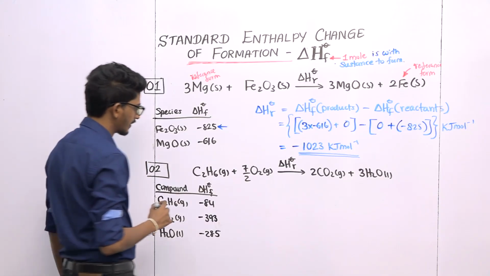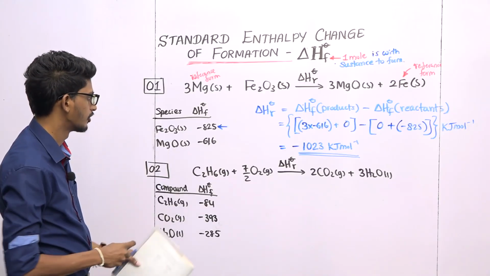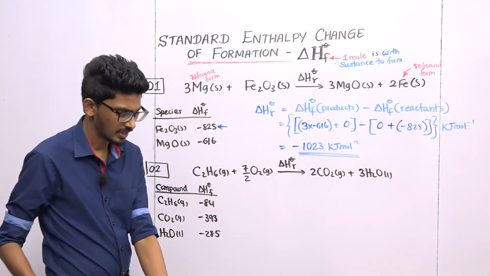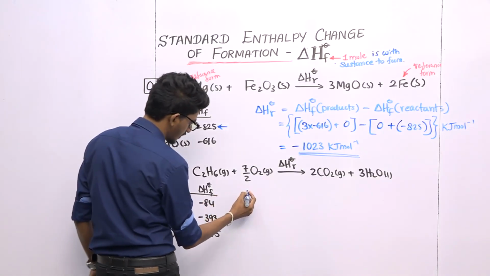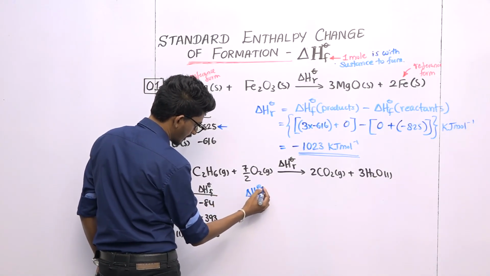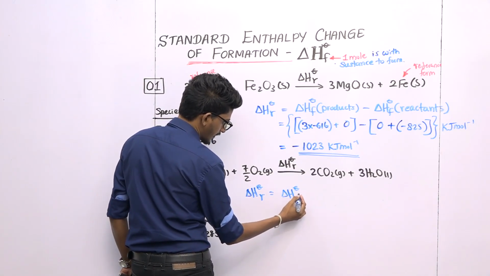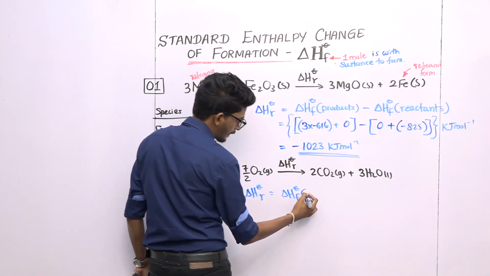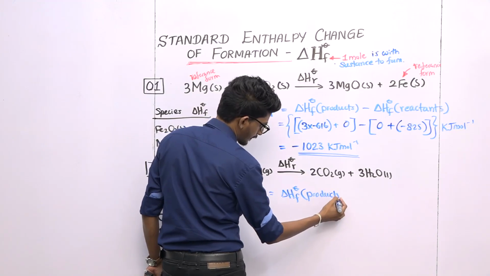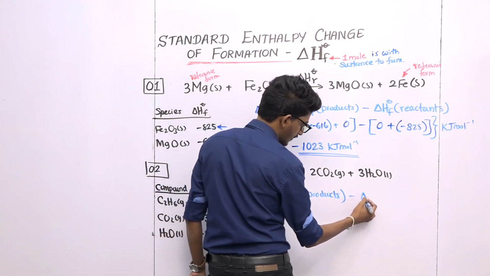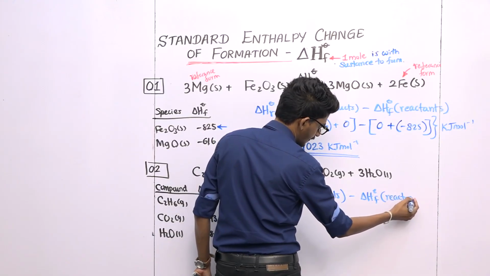We are supposed to come up with delta H naught R for this reaction. Let's do it. First, the correct equation: delta H R is equal to the summation of enthalpy change of formation of products, final minus initial, minus the summation of enthalpy changes of formation of reactants.